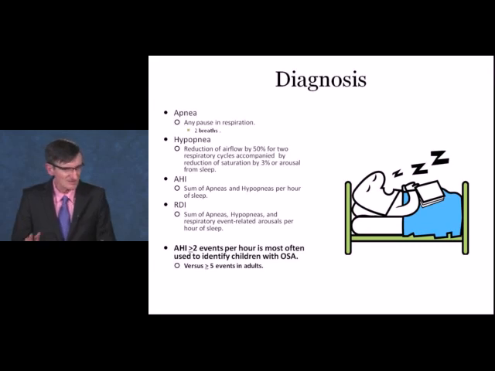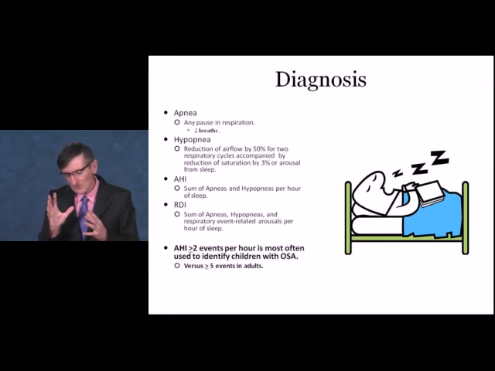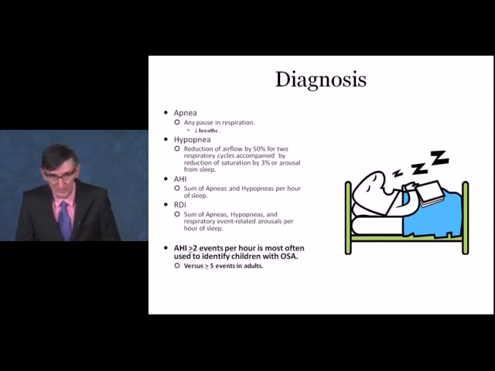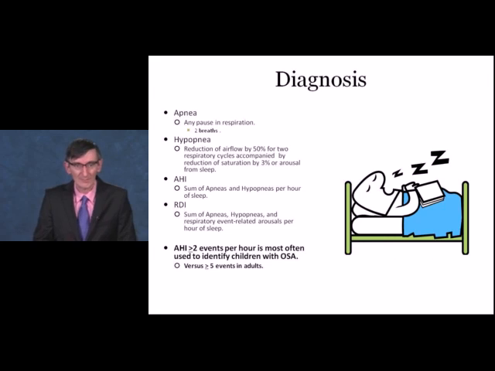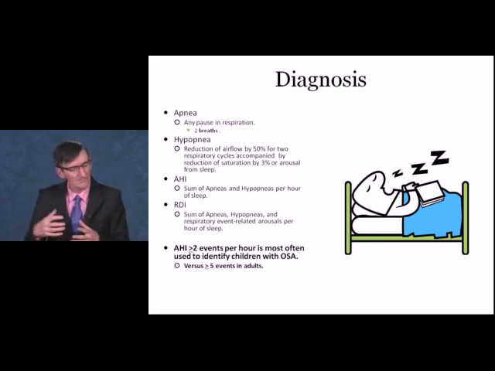Now, the respiratory distress index is not something to focus on too much. It's where you have enough respiratory distress that does not decrease the flow of air very much, but wakes you up. So these are respiratory distress events, and what we do is combine the apnea, hypopnea, and respiratory distress events, and they may be a better reflection of true obstructive sleep apnea in pediatrics.